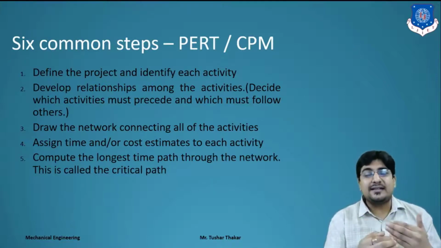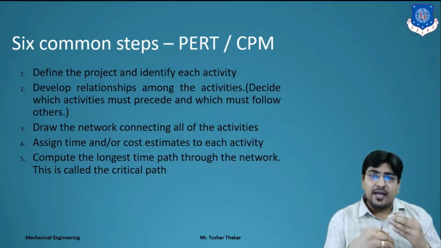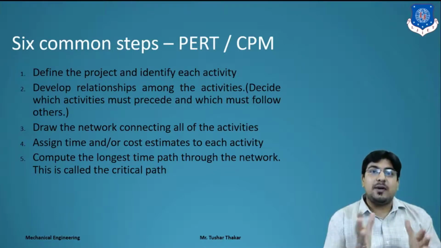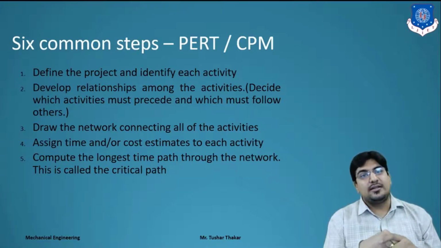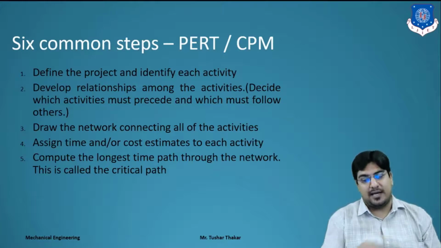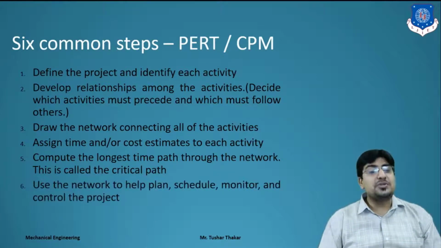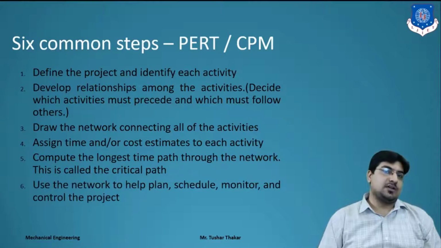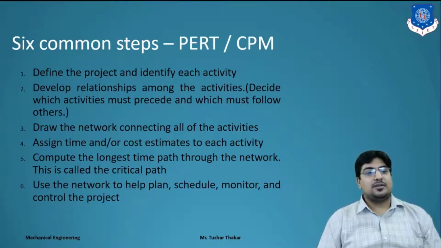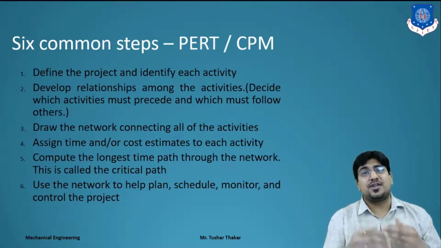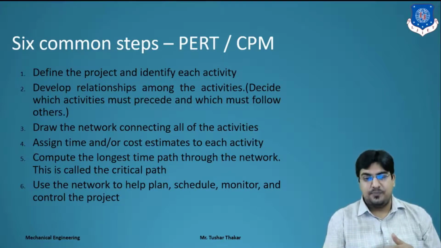As we already discussed, that longest time or longest duration is known as the critical path, right? Sixth, use the network to help plan, schedule, monitor, and control the project. So these basic 6 steps we have to consider while calculating PERT and CPM.